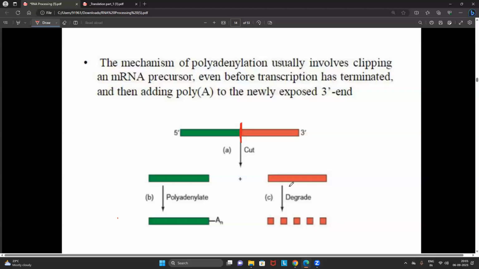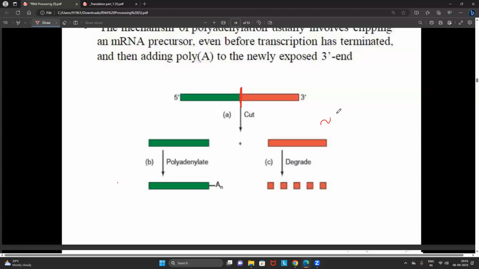Nearly 250 adenines we are going to add. The most important point that all the students have to remember here is that we cut at the polyA site. Now the question is, whatever the site that we cut, what happens to that site? That's very important, friends: that particular site will undergo degradation completely.